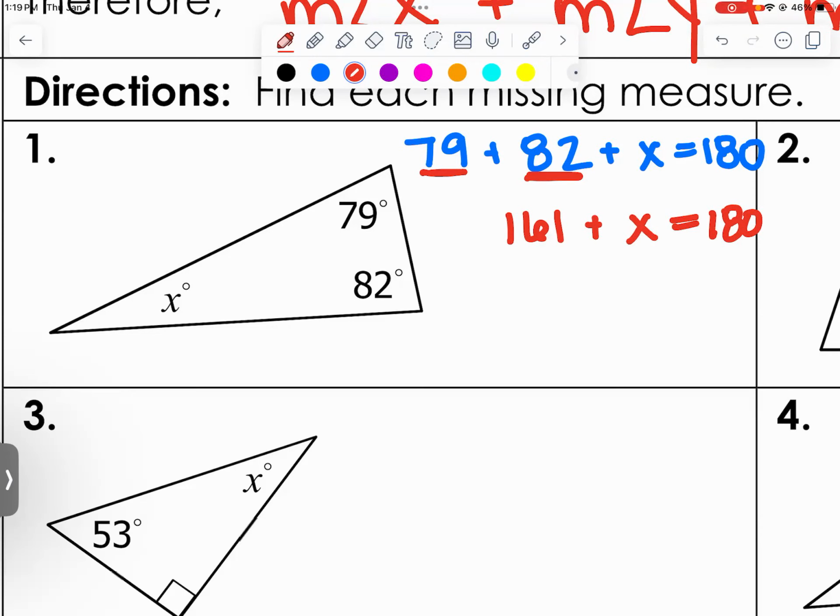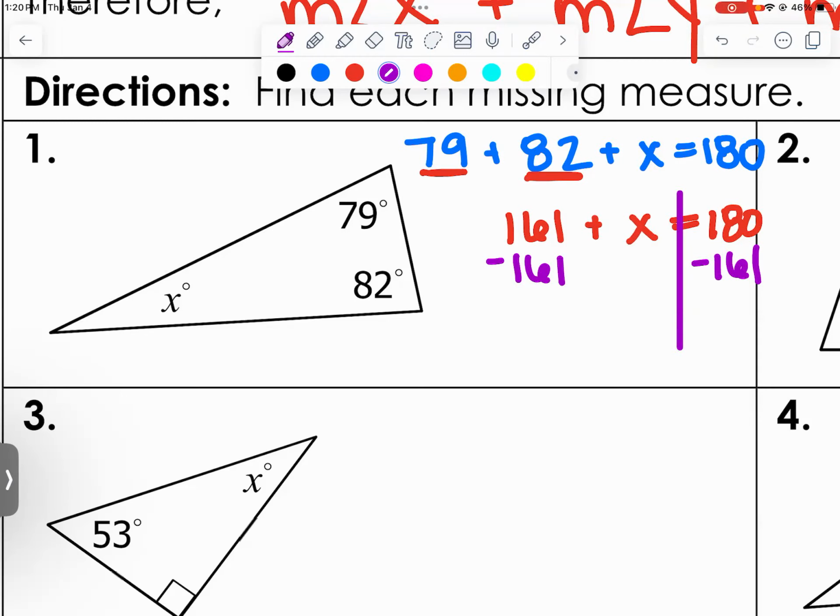How do we get X by itself? Okay, we need to take 161 and undo it by subtracting from both sides. Now, I know that some of you can do this without writing an equation, but guess what? Tomorrow, look at number 8 at the bottom of your paper. Tomorrow, we're going to have angles that aren't numbers.